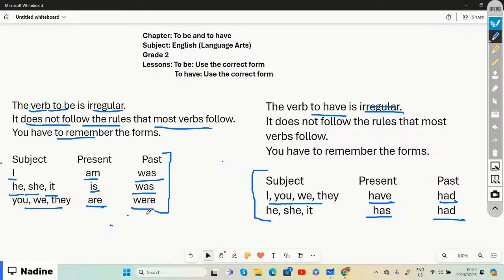So, for example, if we say I am, then we put a specific sentence. I am swimming, but in the past, I was swimming, right?